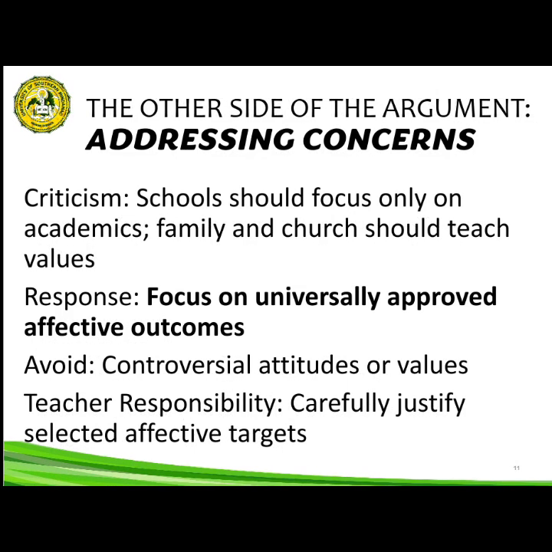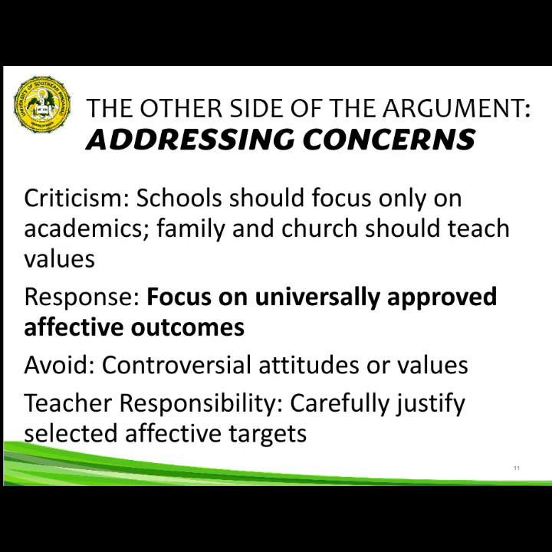Let's proceed here. On the other side of the argument, we are addressing concerns. Some argue that schools should stick to academics and that values should be taught at home or in church. So this is a valid concern, but our response here is to focus only on universally approved outcomes.